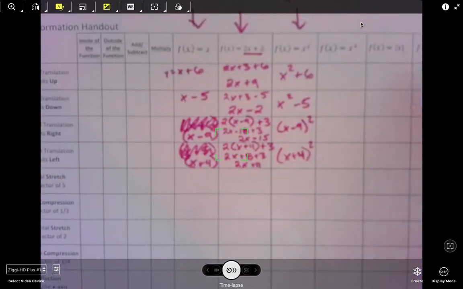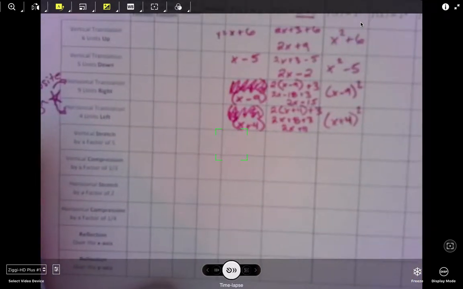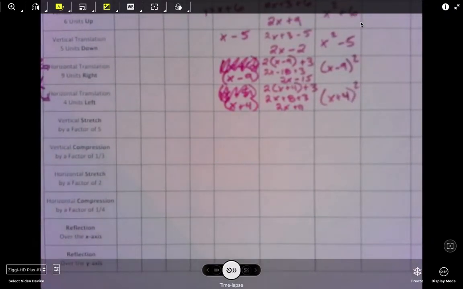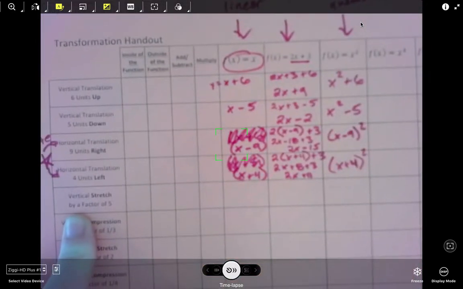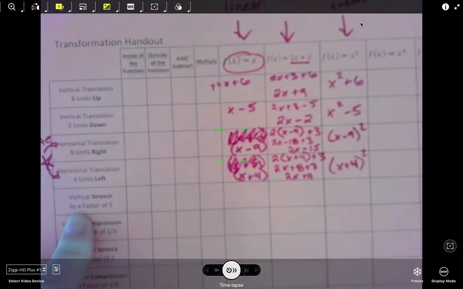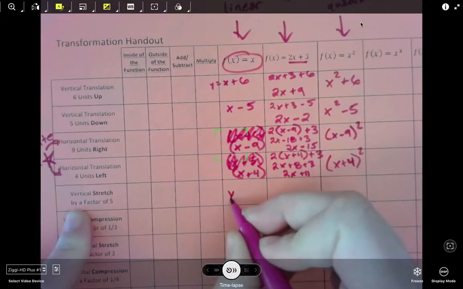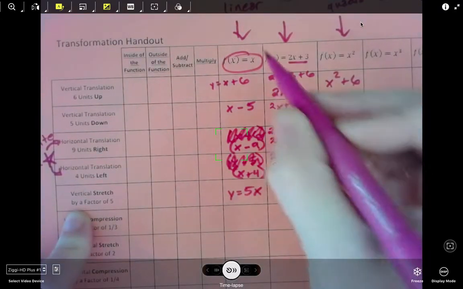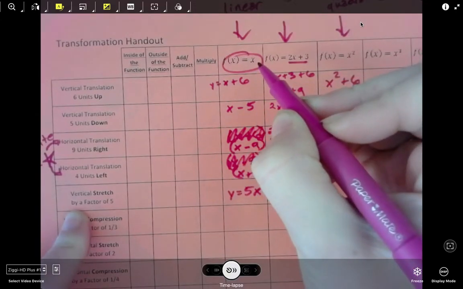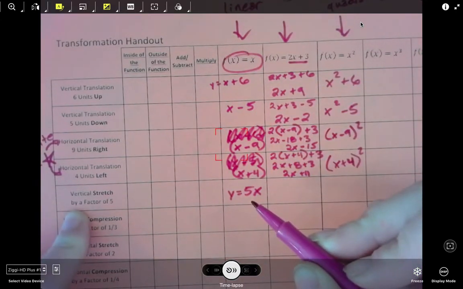All right, now we get into the ugly stuff, vertical stretch and compression. Well, maybe not. Vertical's not bad, horizontal's ugly. Vertical stretch and compression, if you're starting with y equals x, what does vertical stretch by a factor of 5 look like? Y equals 5x. Basically, instead of going up 1 over 1 for a linear function, it's going to go up 5 over 1.